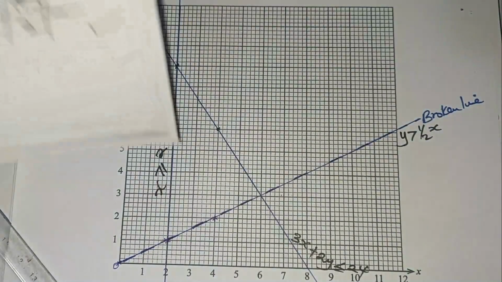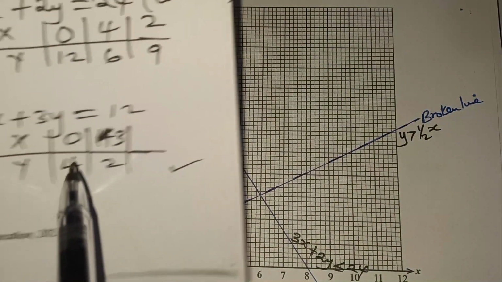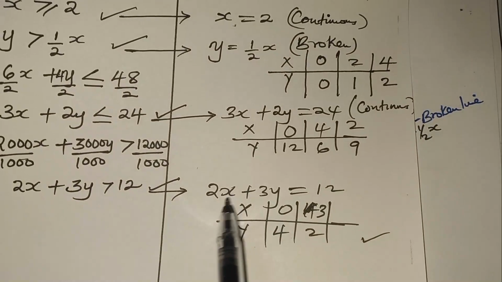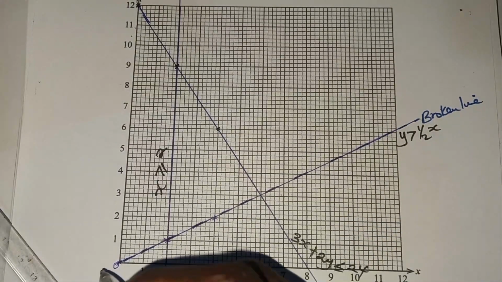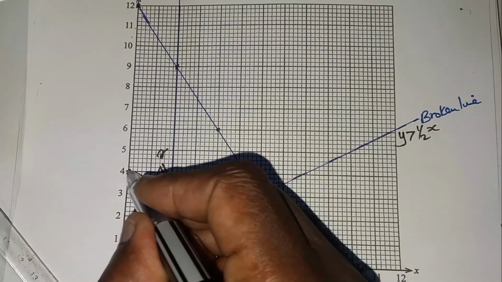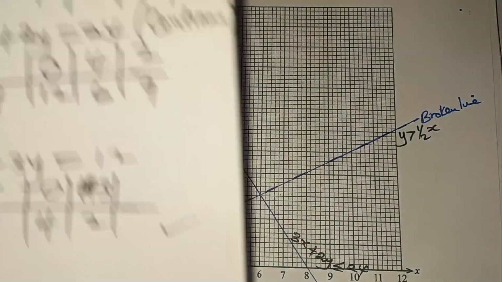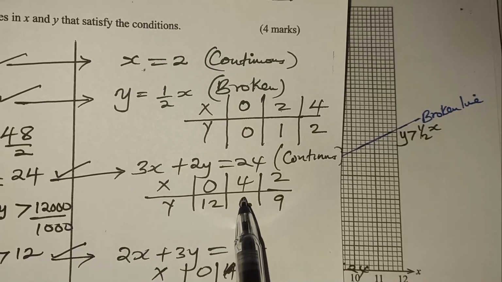One more line. We're plotting 2x plus 3y is equal to 12, with points 0, 4 and 3, 2.